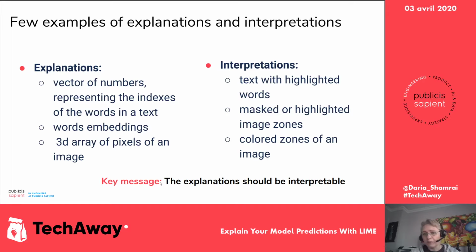To make it interpretable, it would be nice if you can just read the text with the words highlighted and you can understand yourself, really, that's true. That's a text about the weather.